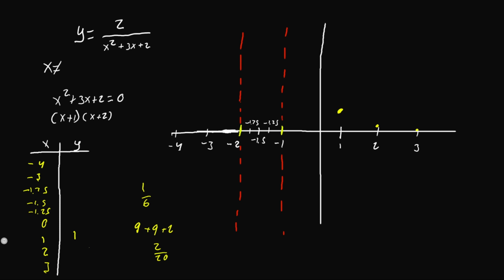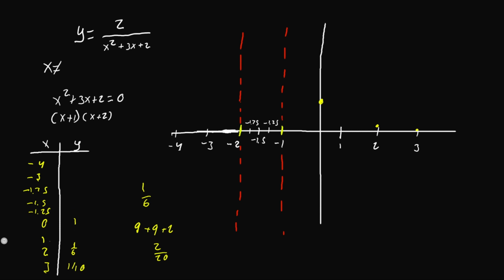And we have 1 over 6 and 1 over 10. And when x is equal to 0, we're going to have positive 2. It seems like I confused 1 with 0 earlier. But we know now that when x is equal to 0, y is equal to 1.